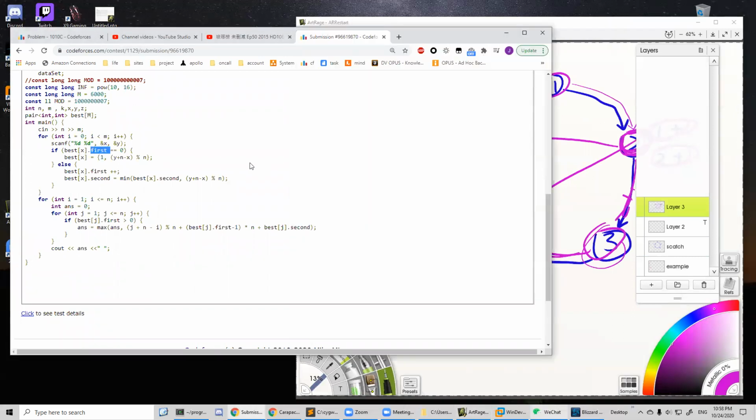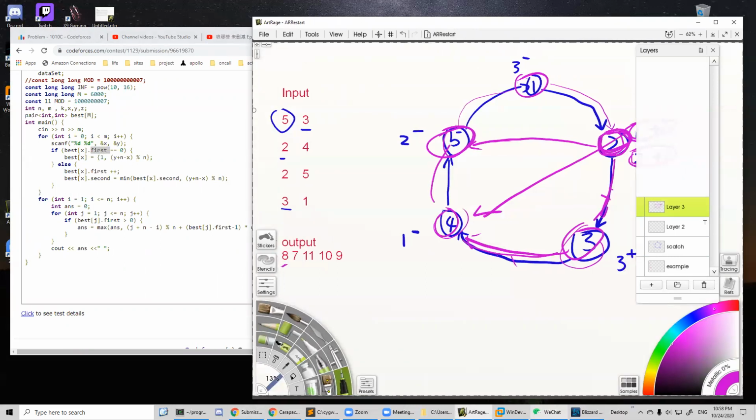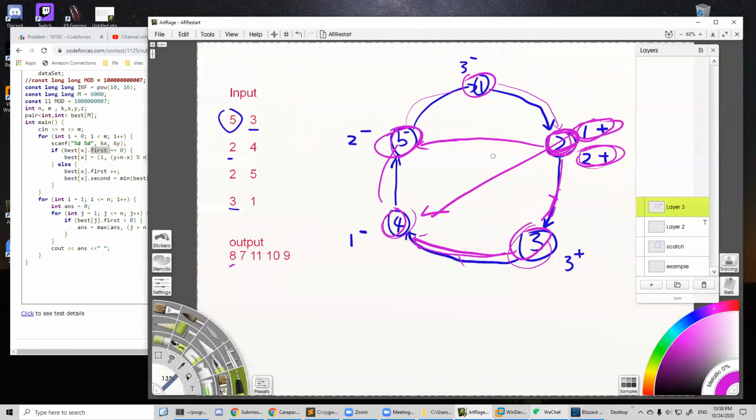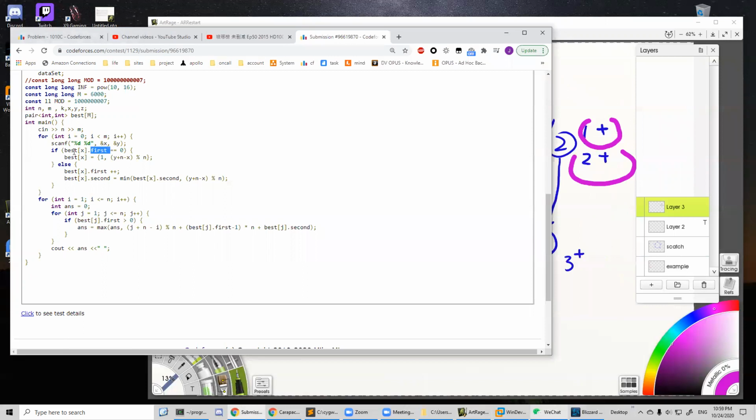The first value is the number of candies in that station. In this case, we have two candies at station 2, so the first value for station 2 is 2.